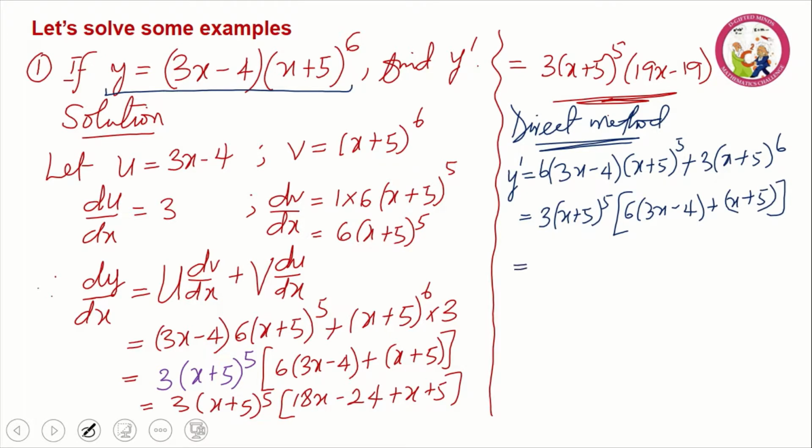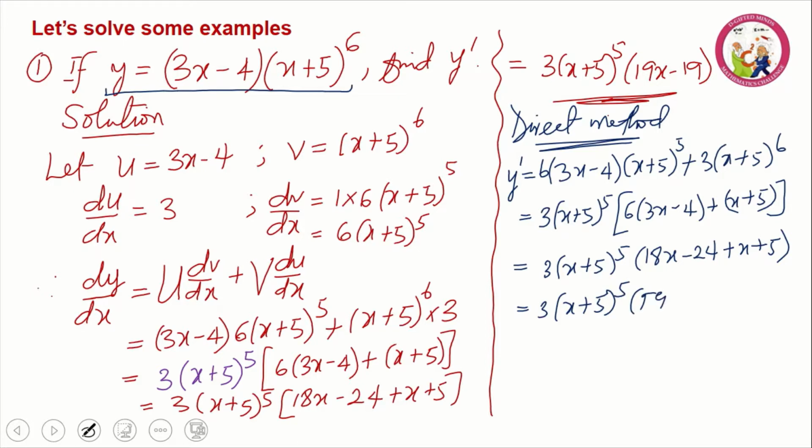And with this, your answer will be equal to 3 times x plus 5 raised to the power 5 times 18x minus 24 plus x plus 5, which is finally going to be equal to 3 times x plus 5 raised to the power 5 times 19x minus 19, and that is the same thing as the answer we have above.